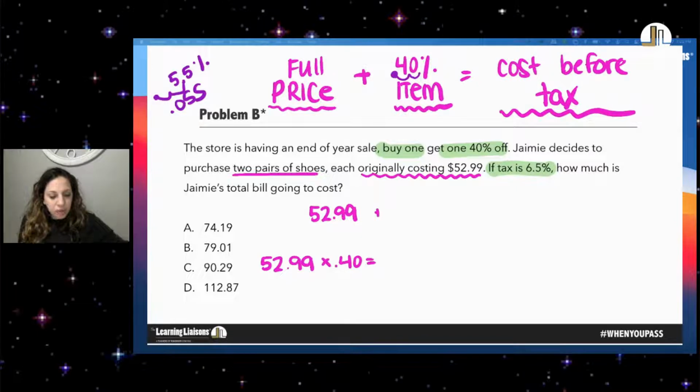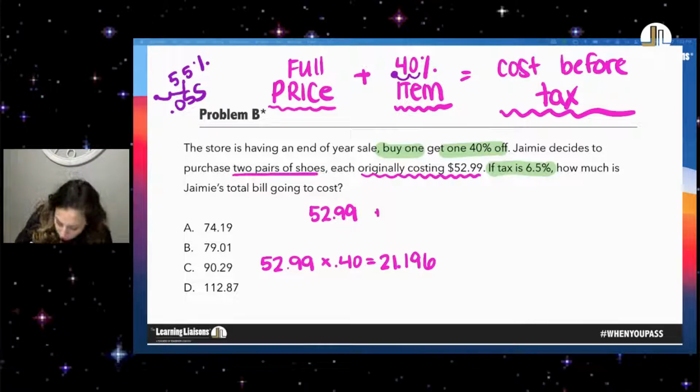So $52.99 times 0.40 gives me $21.19, but there's a 6 there, and I'm going to keep it. That's my discount.